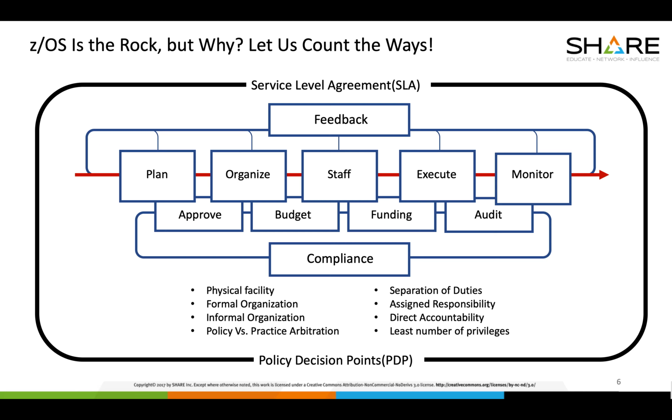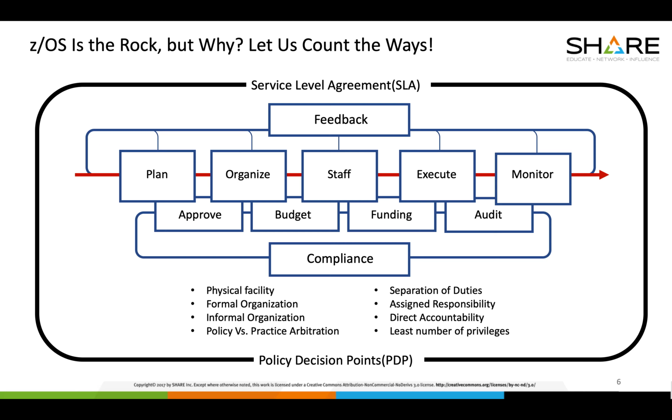But these service level agreements generally begin as a byproduct of some management process, the standard B-school process that you see here in this particular slide. We plan, we organize, we staff, we execute, we monitor, we provide all kinds of feedback. As a result of that, we at some point have to make things actionable.